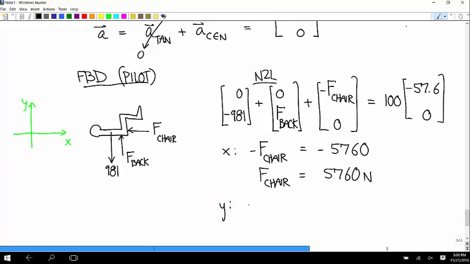And then the y equation says negative 981 plus F back is equal to 0. So F back is equal to positive 981.